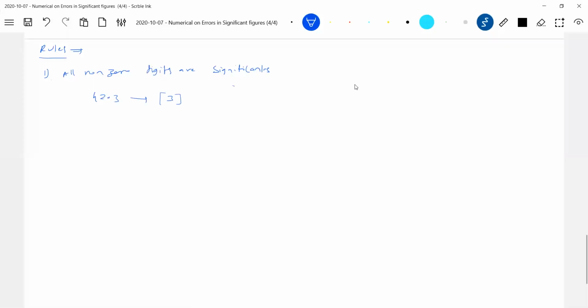It's not that 42.3 is equal to 3. The bracket is what I put for the number of significant digits. So now 238.65, number of significant digits. This one, 1.3342, number of significant digits, 4. Or if I write 28, 2. If I write 1.3, it will be 2. All non-zero digits are significant here.